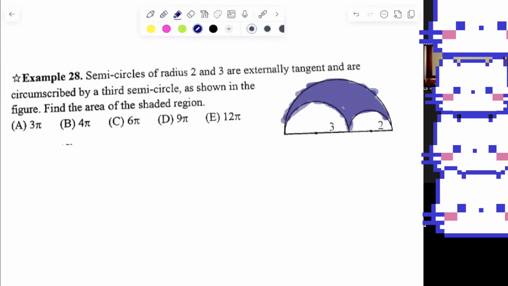So what does externally tangent mean? Before we talked about what tangent is, there are literally two types of tangencies.